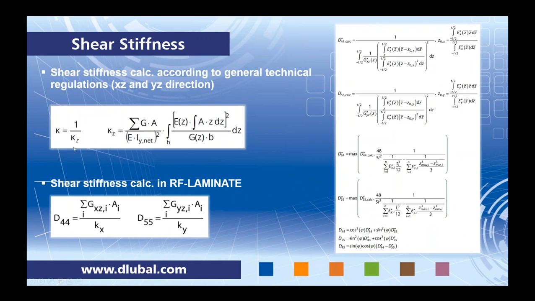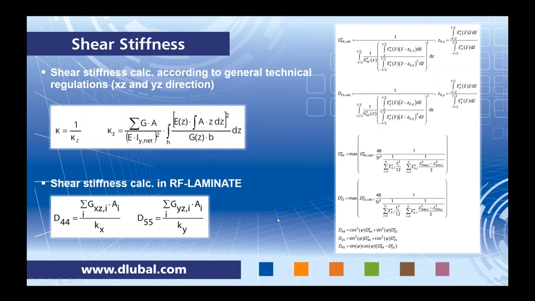It gives this equation for the coefficient, and it's pretty complex, as you can see. Now, when you're looking at RFEM, if we take a look at all of these insanely long calculations, this is what RF-LAMINATE is doing in the program to determine the D44 and the D55 entries in our stiffness matrix. So it's actually going through all of these calculations to get these values.